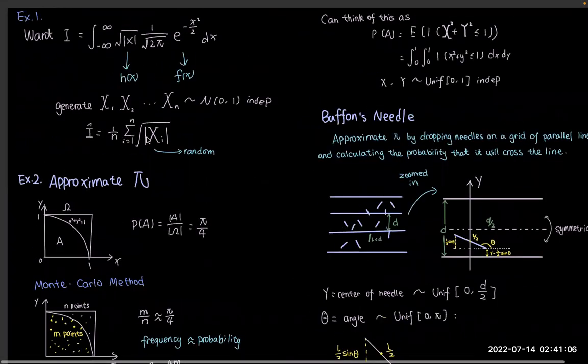So now let's look at one example. We want to compute this integral, which is the square root of the absolute value of x, times the normal density, dx. So this is our f of x, this is our h of x, right? This is the expectation of h of x, or the population average of h of x_i, small x_i, where this small x_i goes over the whole population.